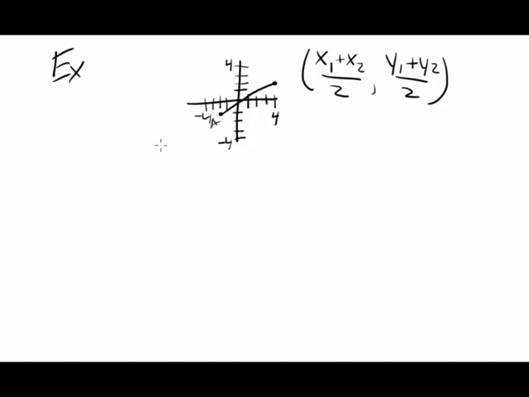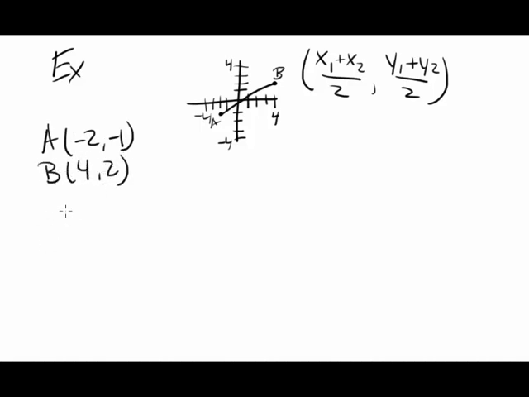And now we're going to find the midpoint between A and B. So using this formula at the top right of your screen, we're going to plug these values in. For A, which again is -2, -1, and B is 4, 2.